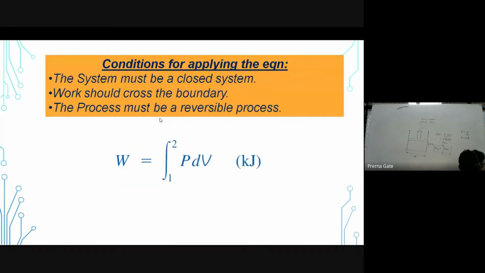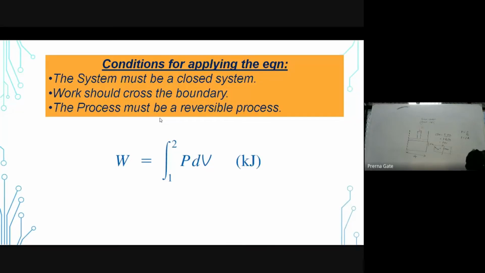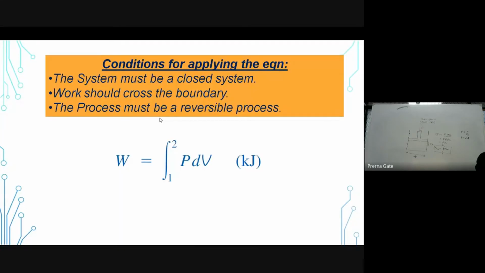Now there are certain conditions to apply this equation. Okay, while deriving this equation we have assumed certain parameters. The first parameter is that the system must be a closed system. Okay, it is not applicable for an open system. The second most important condition is that the work should cross the boundary.